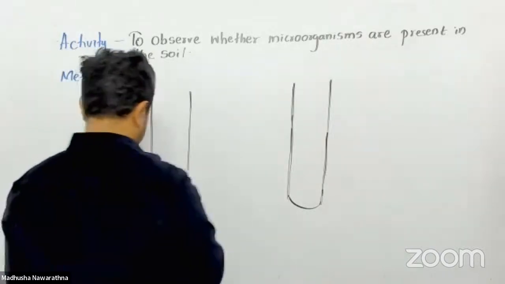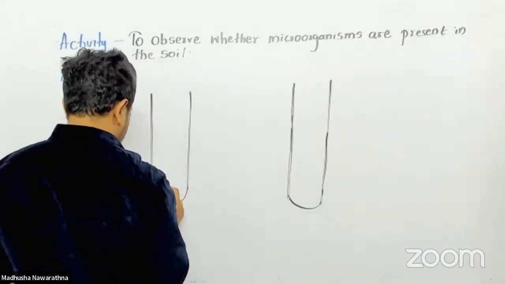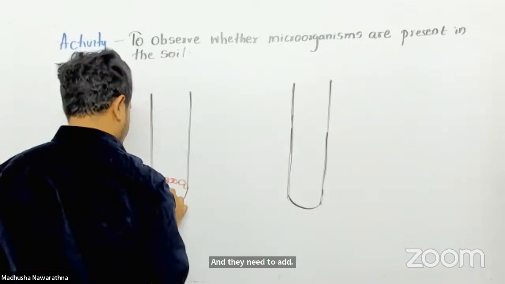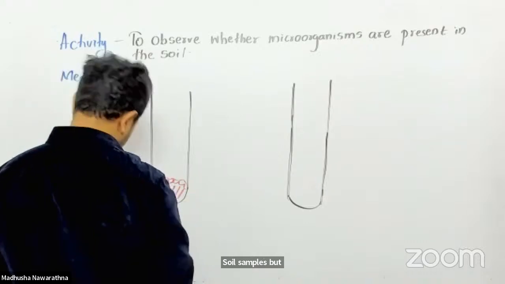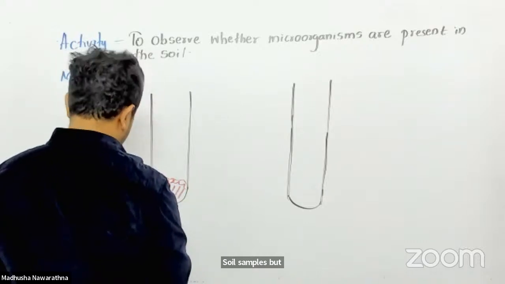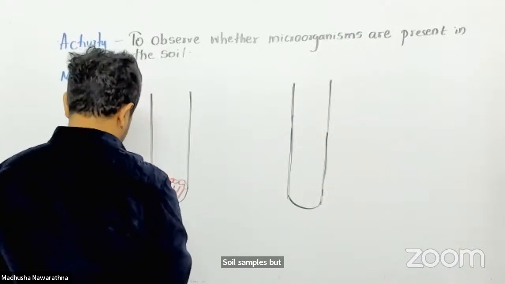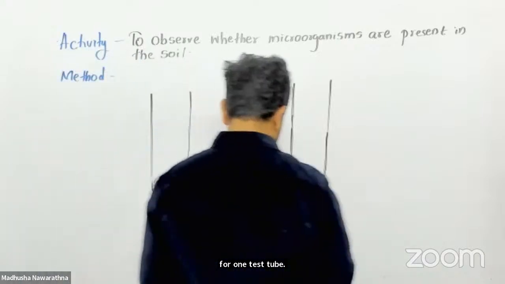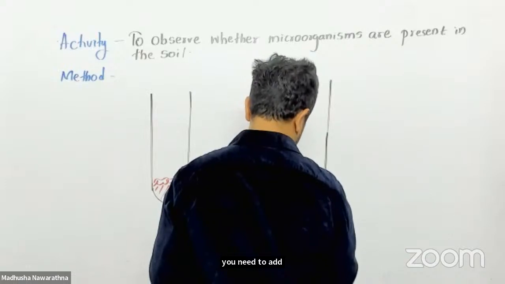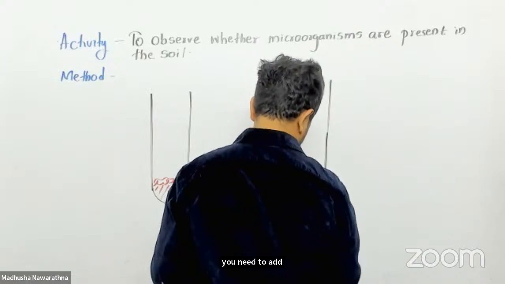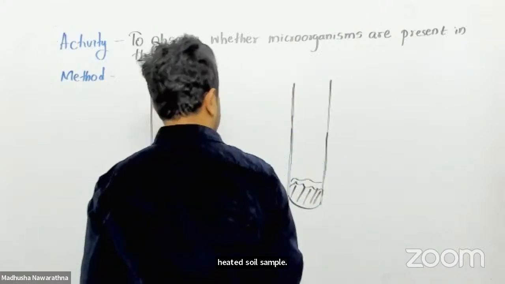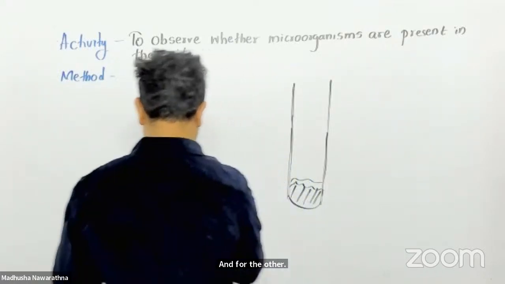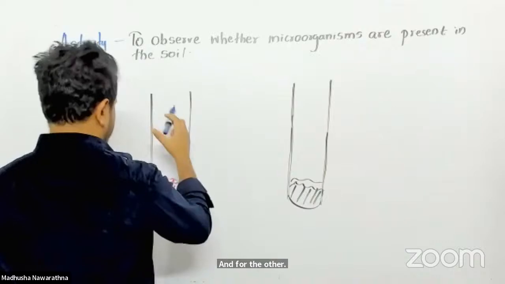And they need to add soil samples, but for one test tube, you need to add heated soil sample. And for the other, non-heated soil sample.